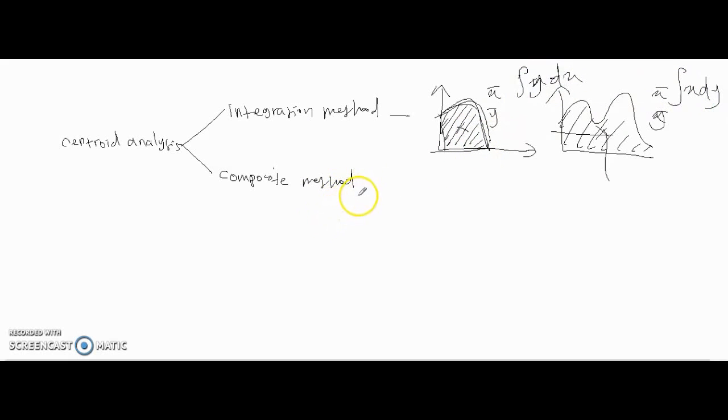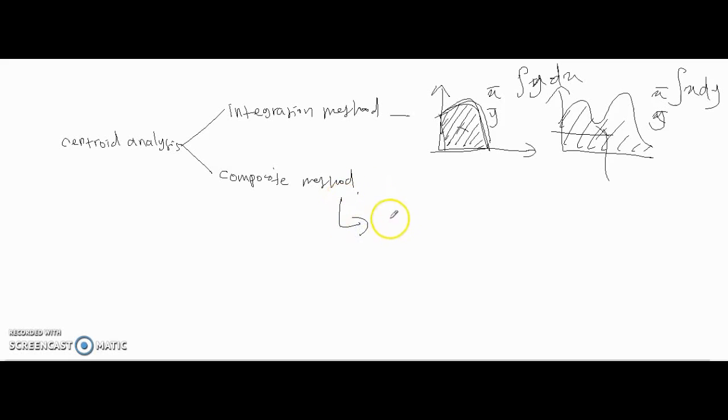For the composite method, this is actually much simpler compared to the integration method, because you are analyzing simple geometric shapes, but as a combination of simple geometric shapes.